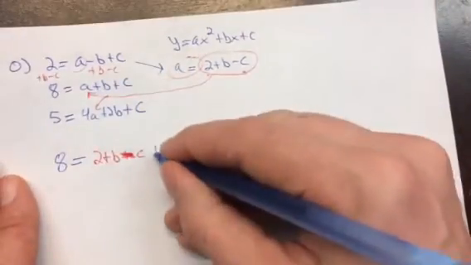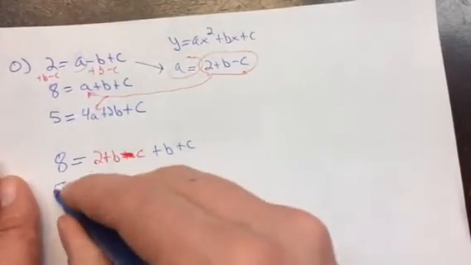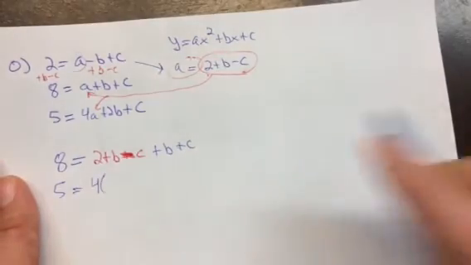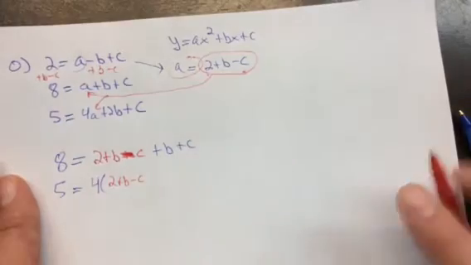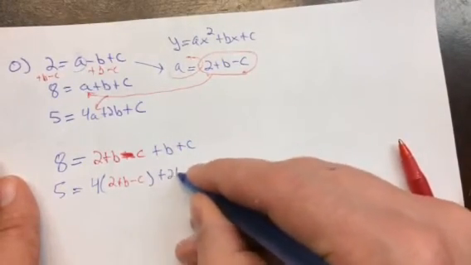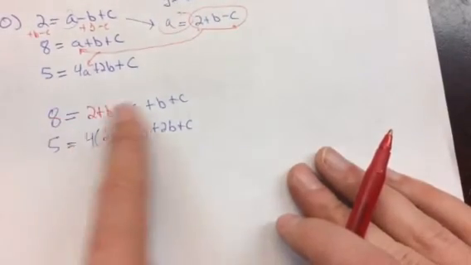So that was the a, plus b plus c. I just replaced a with what it was equal to. 5 equals 4 times 2 plus b minus c. And it was plus 2b plus c. So now I've got my system of only b's and c's.